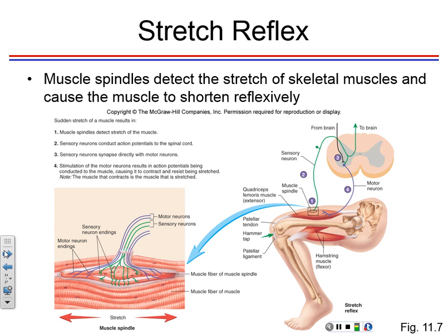The stretch reflex is the simplest. Why? Because look what I was saying earlier on. You've got the sensory receptors over here for the stretch reflex, the specialized receptor for the stretch reflex. When you're stretching something, you're pulling it like this. In this case, you're stretching the muscle.